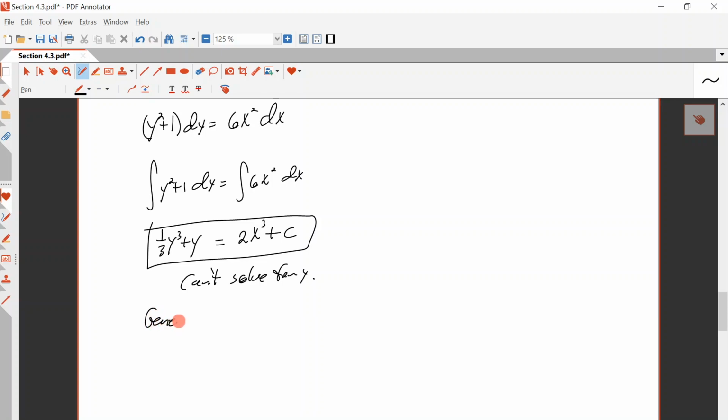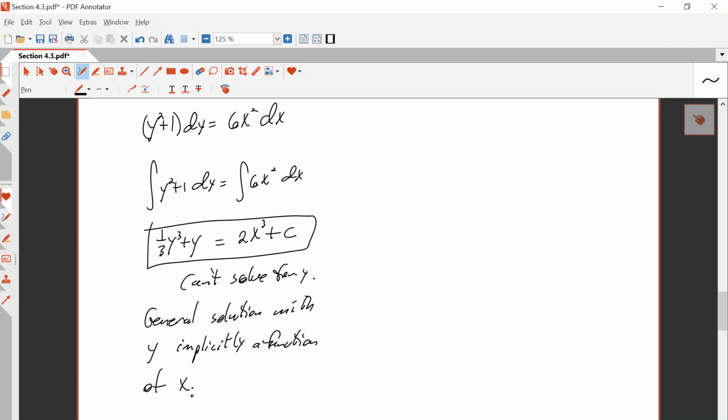So this is a general solution with y implicitly a function of x. Okay?